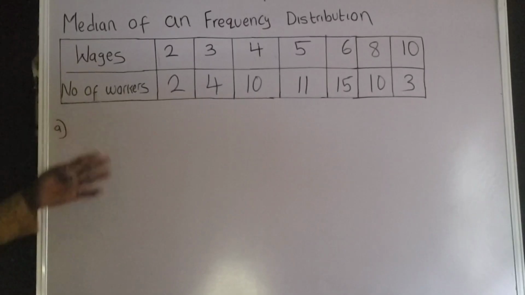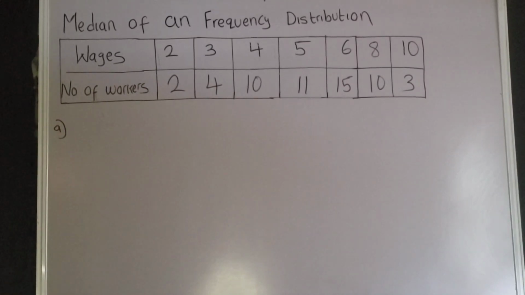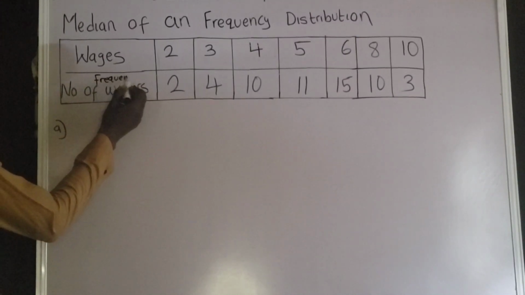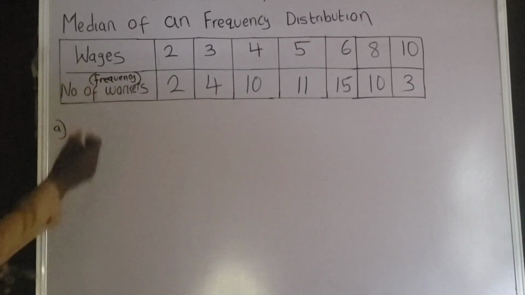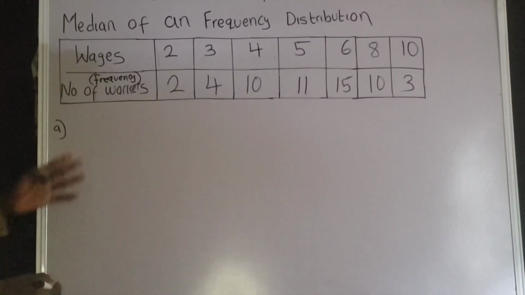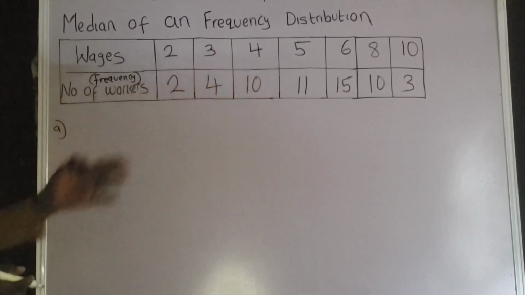To get the total number of workers on the farm, the number of workers is the frequency. And don't forget that frequency tells us the number of times our observations occur. Are you getting it? So in that case, in order to get the total number of workers, I'm going to sum all the numbers of workers.